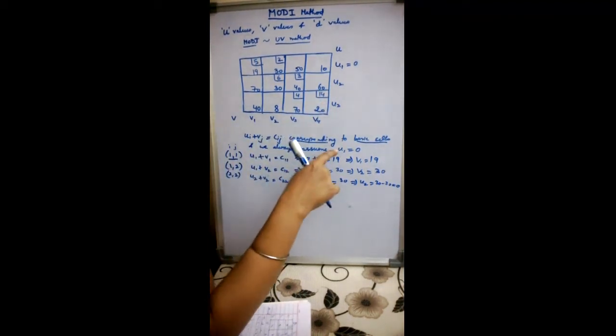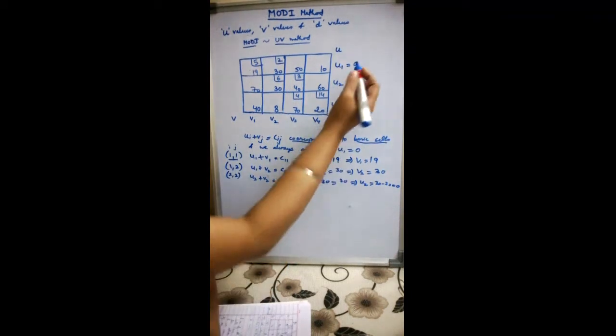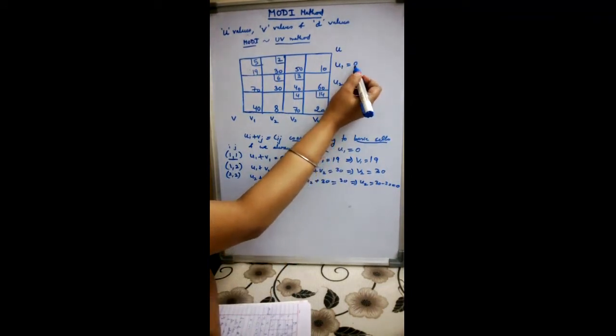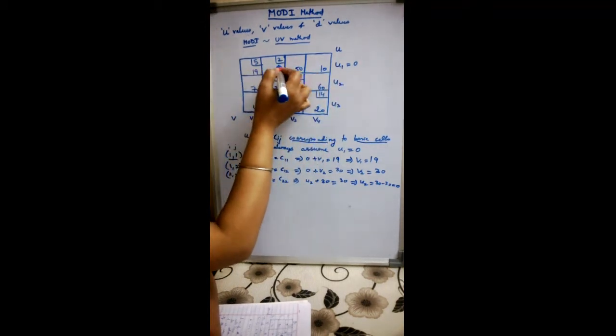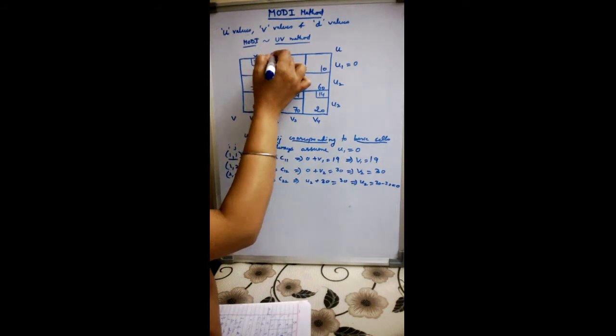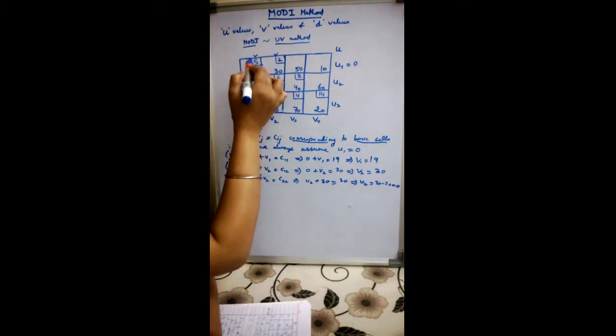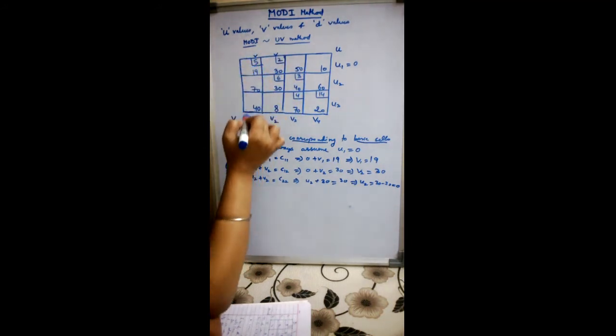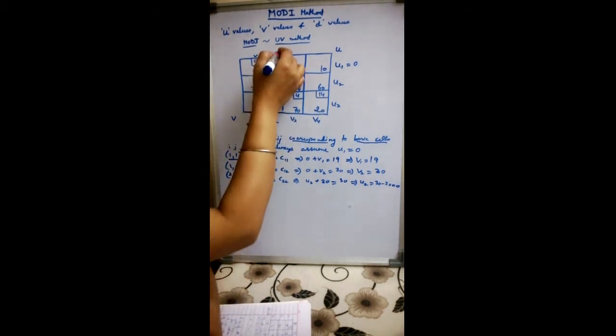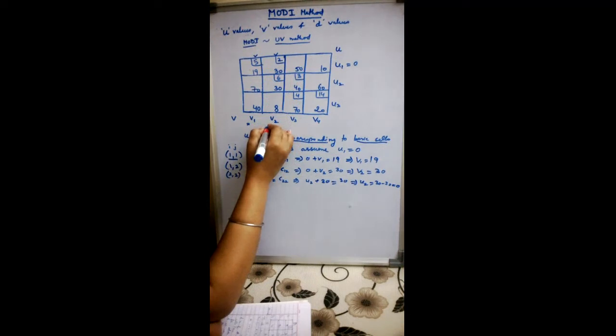I have told you that we always assume u1 as 0. Since this corresponds to the first row, in the first row you have to look for the occupied cells. You have this and this as occupied cells. Corresponding to this occupied cell, your v value is v1, and corresponding to this one, your v value is v2.